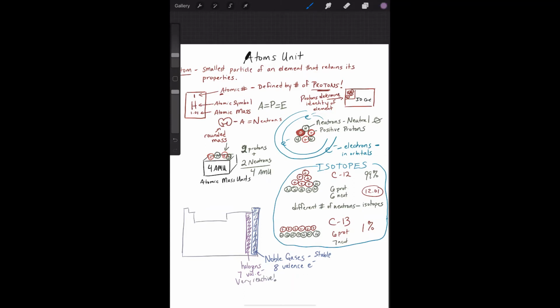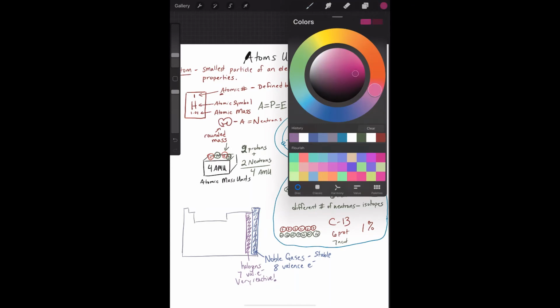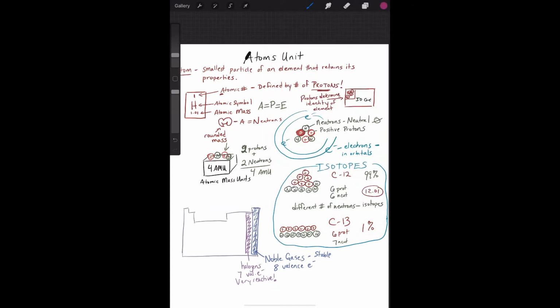Right? Now, let's go over to the other side and think about this group right here. These are my alkali metals. They have 1 valence electron, and they are very reactive.